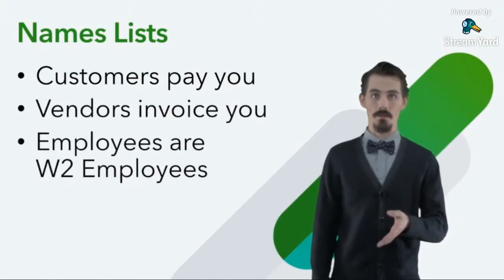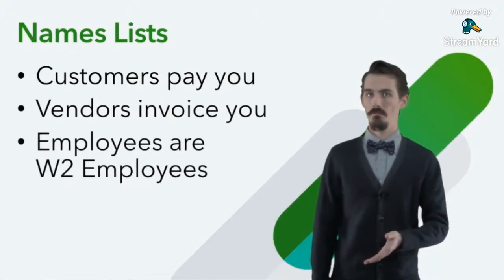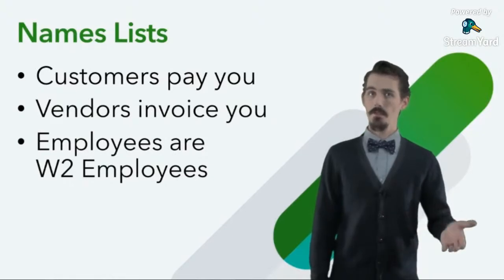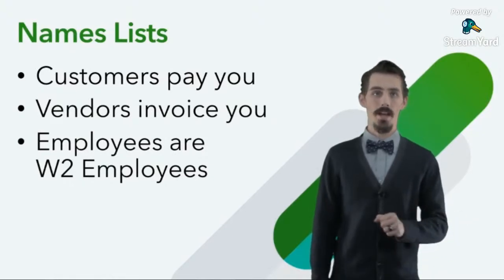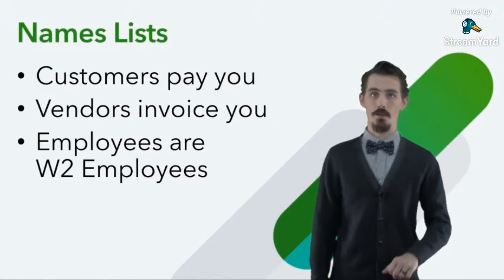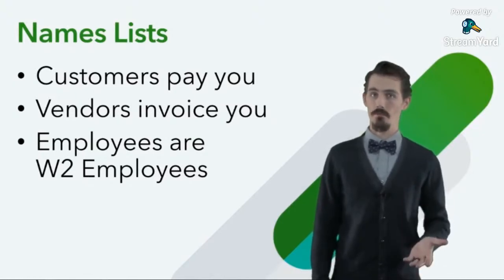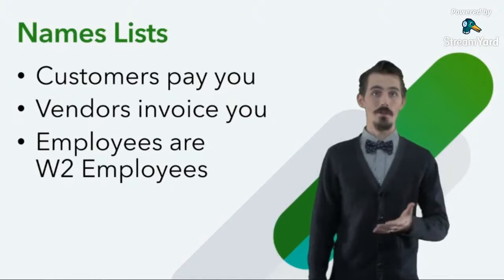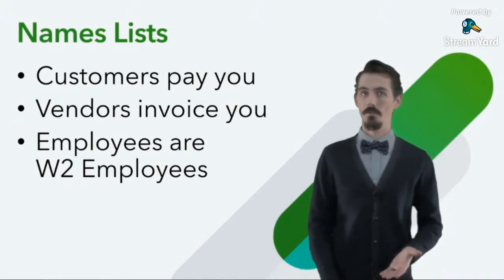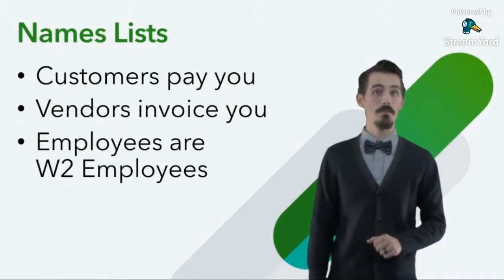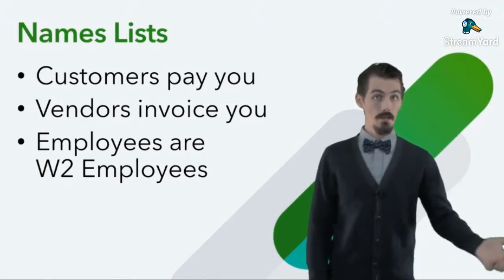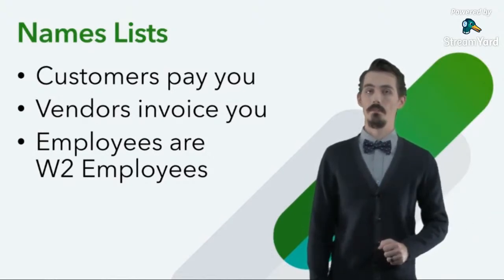Employees are your regular W-2 employees. The employees list lets you track their personal and tax details, as well as many other things like compensation, deductions, and other necessary payroll information. If the owner is paid like a regular employee, they can also be set up on the employees list.